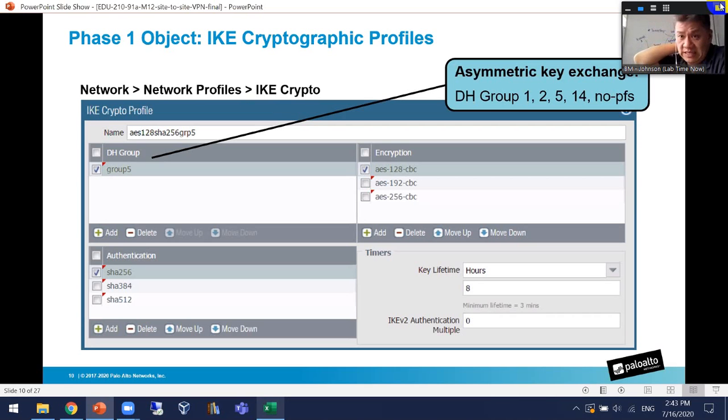Both parties have to be similar. You will have to tell them the authentication. Which SHA are you going to choose? Then after that, you have encryption. Which AES are you going to choose? Okay, so of course, if you are keen, you can key in all the rest of the things. You can add in more things, but you have to check whether Palo Alto can support. We support standard algorithms. We don't support funny things.